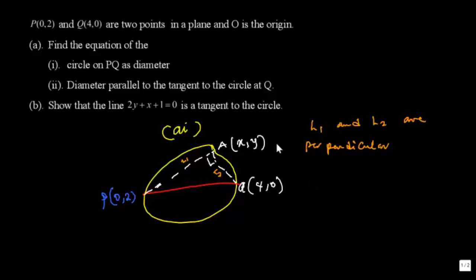So let's assume that the gradient of line L1 is M1, and the gradient of L2 is M2. So we have it that the gradient of line L1, M1, multiplied by the gradient of line L2, M2, must give us -1.